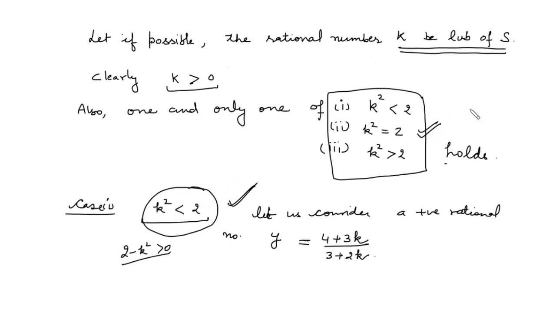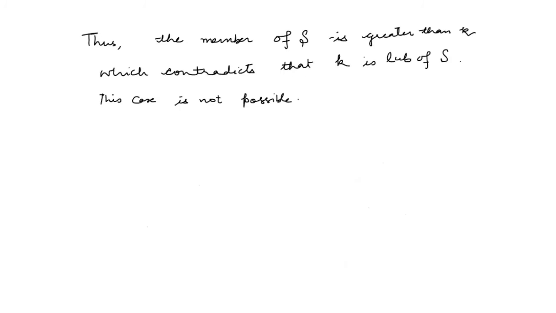So we consider the next case, case 2, that k square is exactly 2. This case you have already proved. आपने ये प्रूफ किया है, there does not exist any rational number whose square is equal to 2. तो ये केस तो अपने आप पॉसिबल नहीं होगा, because we cannot find a rational number k whose square is 2.